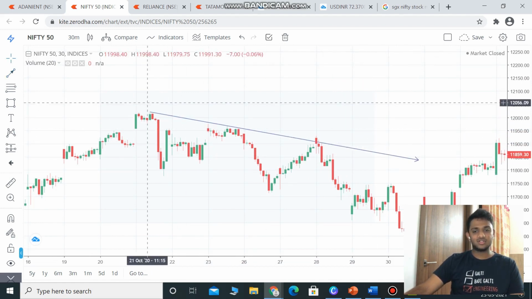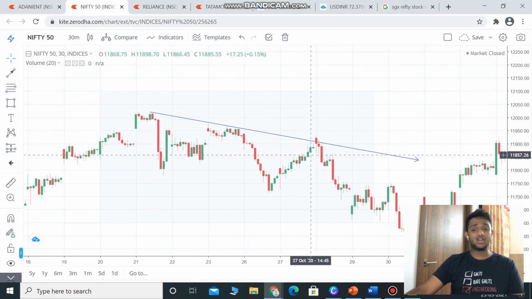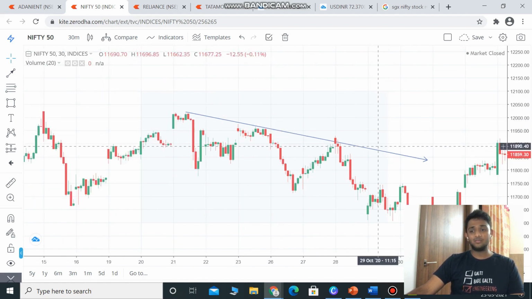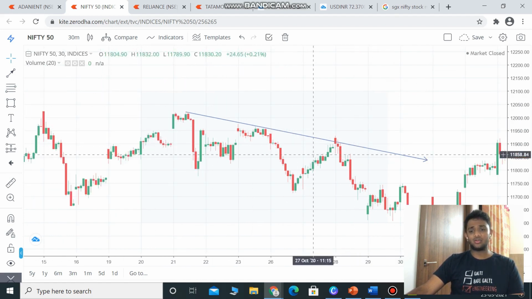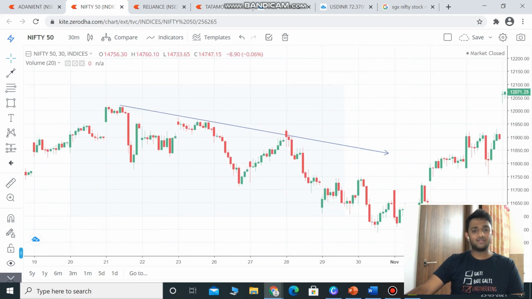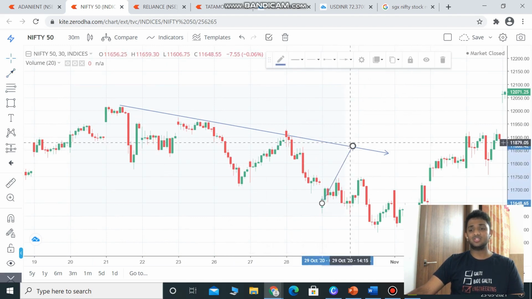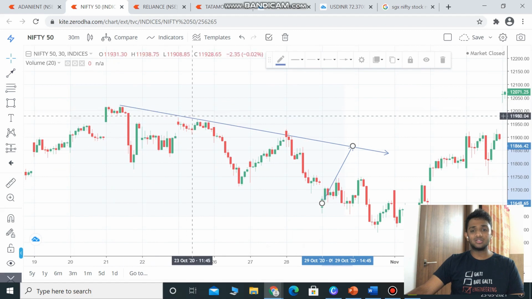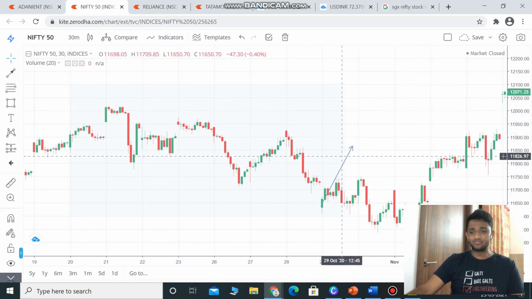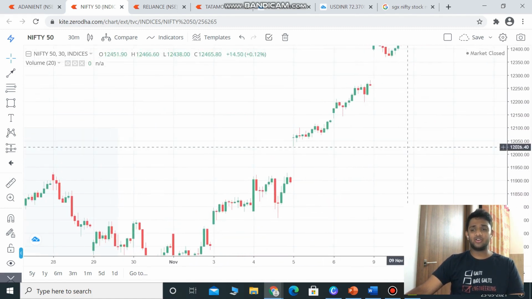There is first resistance, second resistance, third resistance, where people are shorting, people are selling at this moment. So you can find that there is a good resistance. So how do you decide if the stock comes here? You start selling, because this is the line people are trying to follow and sell at. So that is how you draw trend lines.